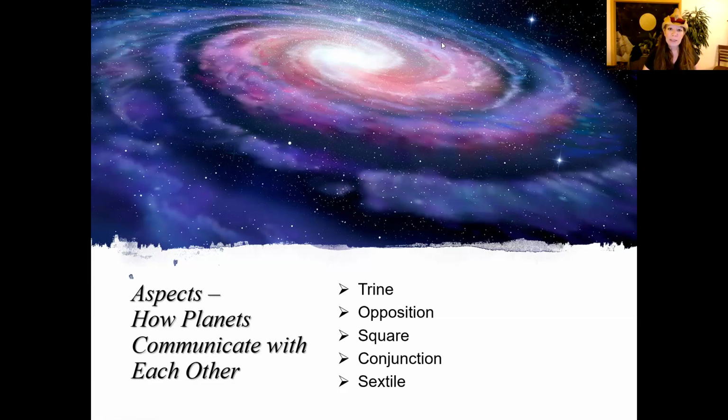When you look at a chart, a circle is 360 degrees. So you've got the full circle. When you have a trine, they're 45 degrees apart. Triangles are made out of 45-degree angles. If you have two planets around 45 degrees apart, they are going to be in not the same sign, but the same element.